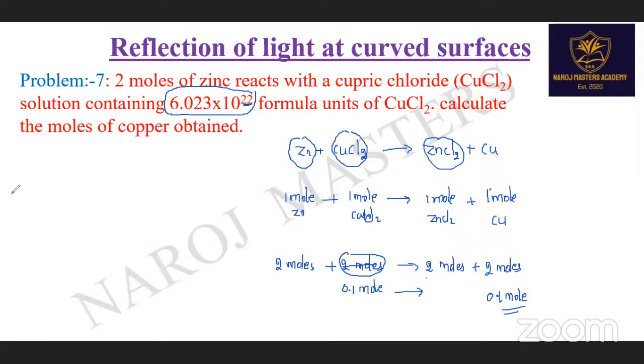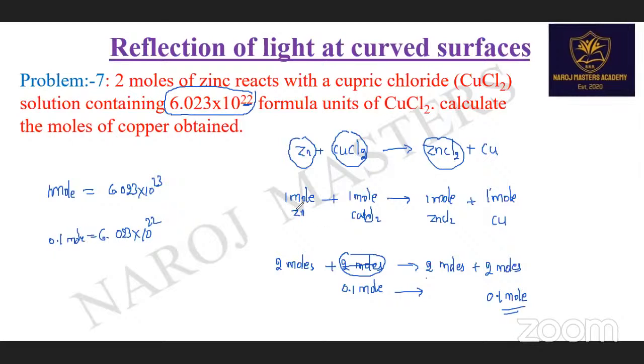So just listen here clearly. 1 mole is equal to 6.023 into 10 power 23 molecules or formula units. So we have only 6.023 into 10 power 22, which means 0.1 mole.